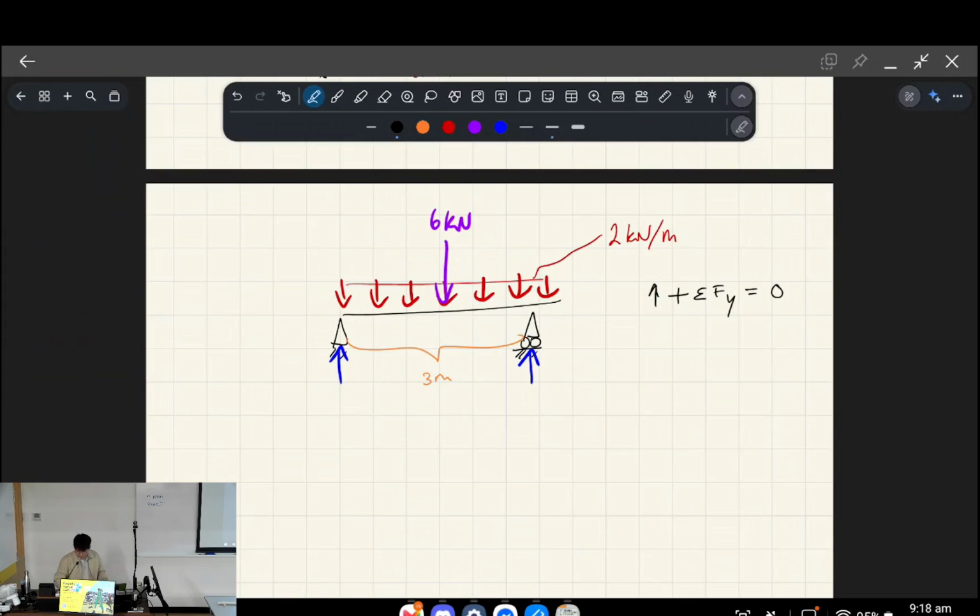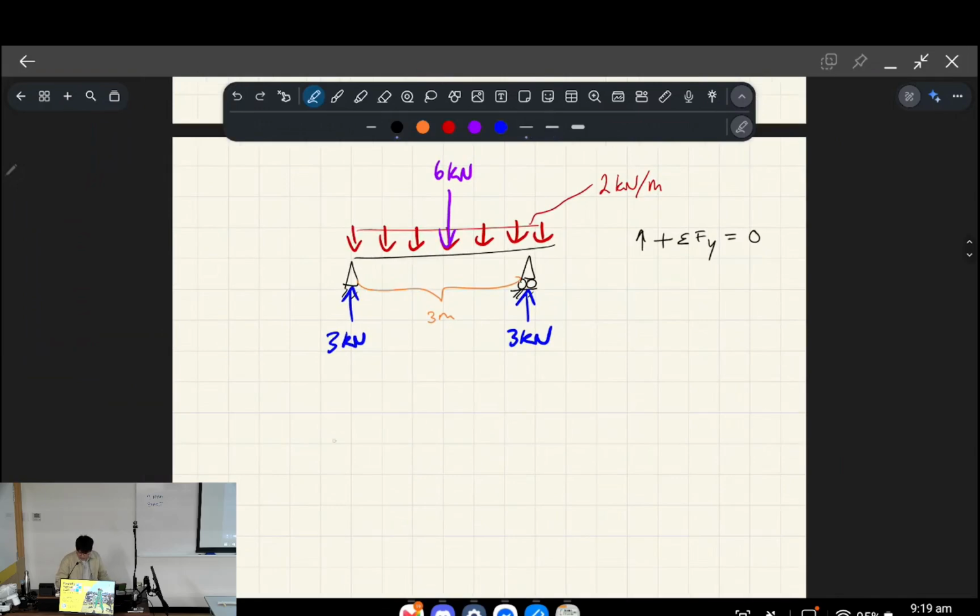Because we've got symmetrical loading here, these supports split the load 50-50. The idea is that these upwards arrows have to balance out the downwards arrow. That's the first thing. So that's a simply supported beam with a uniform load applied to it.